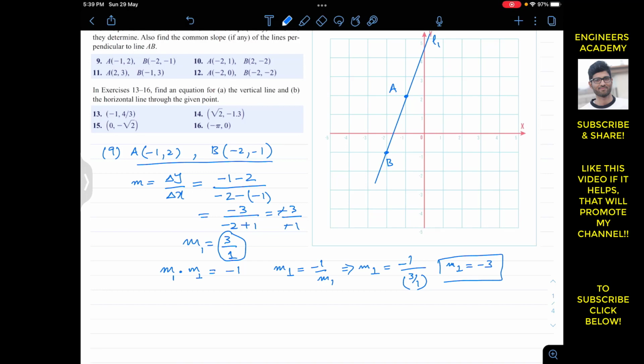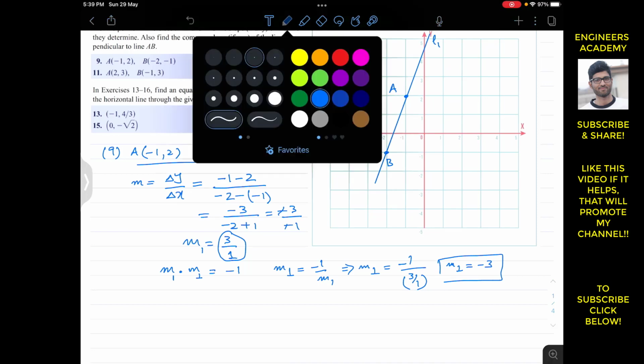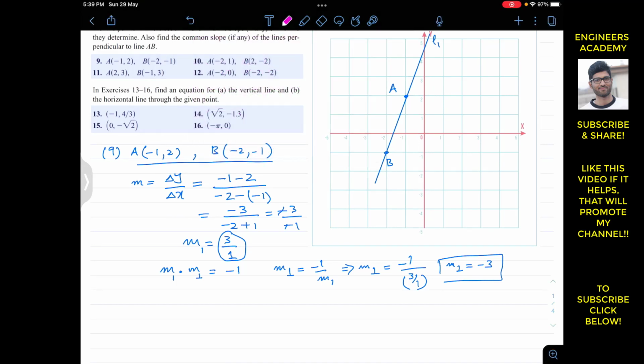Now the next problem is problem 10, where again we have 2 points. Let's plot those 2 points for exercise 10. The first point is (-2, 1). The x coordinate is -2 and then +1, so we have point A somewhere here.